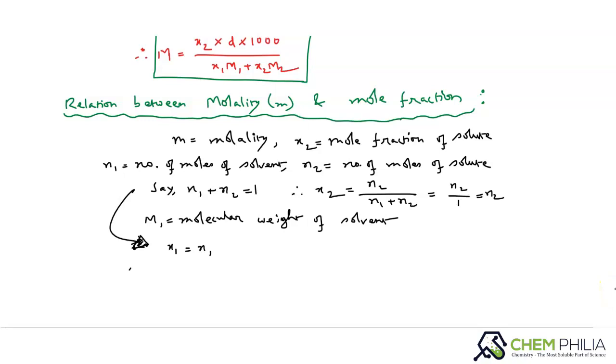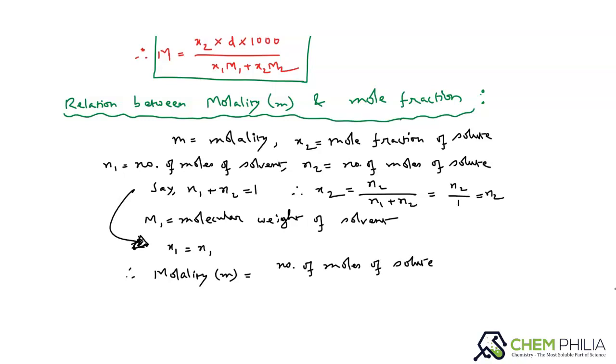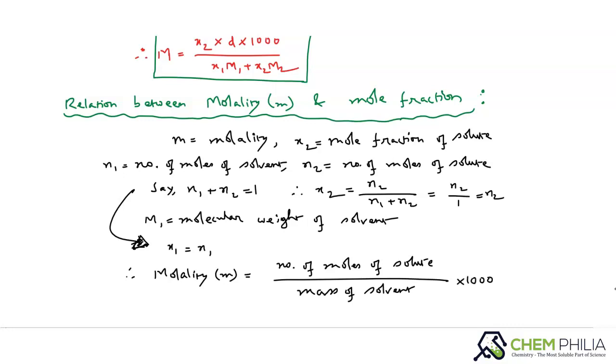So therefore molality, that is small m, is equal to number of moles of solute divided by mass of solvent into 1000.